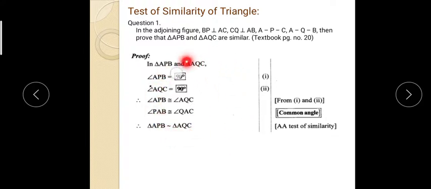In the 9th standard we showed all three angles and gave the reason as the AAA test of similarity. Here there is no need to show all the angles, only two angles. If two angles are equal, the third angle is also equal, and by the AA test of similarity you can say that triangle APB is similar to triangle AQC.